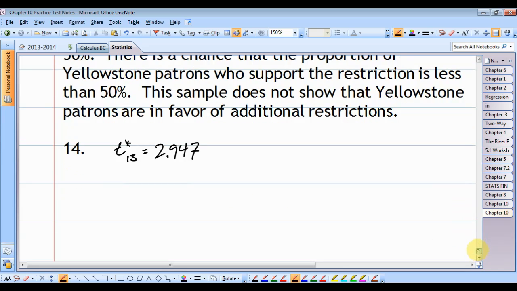Did you get a different number, Tanya? I'm probably wrong. Anything's possible. Don't doubt yourself. Just recalculate. This is wrong too, 2.947.